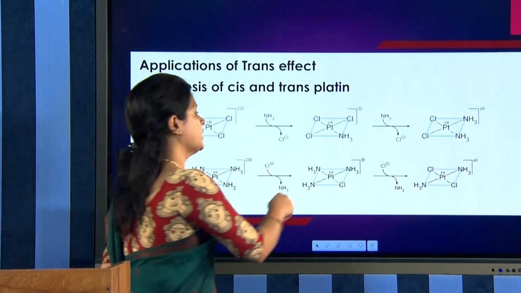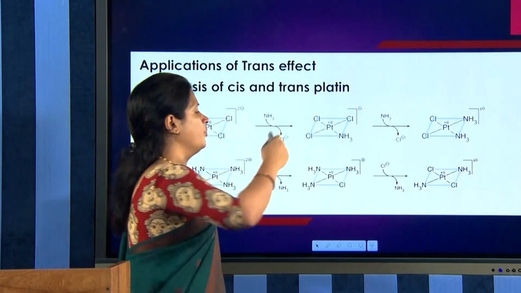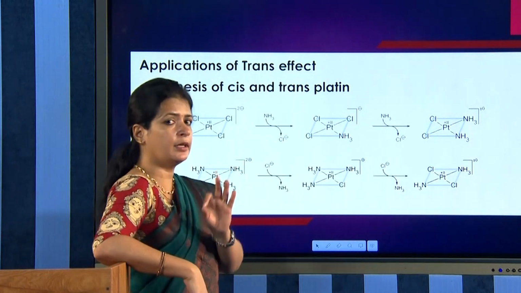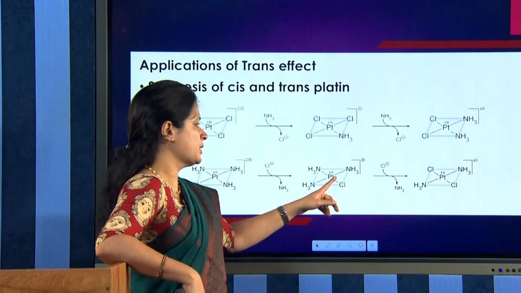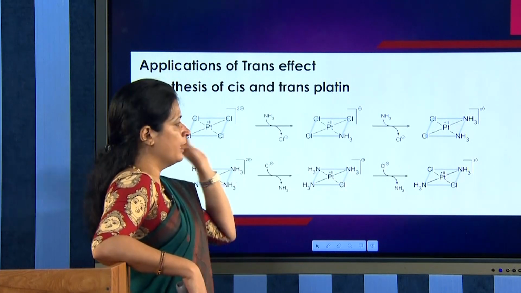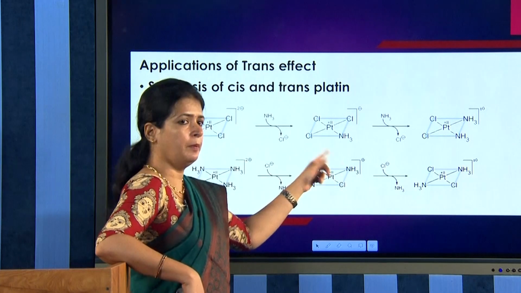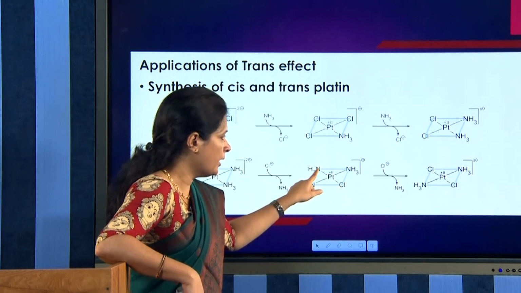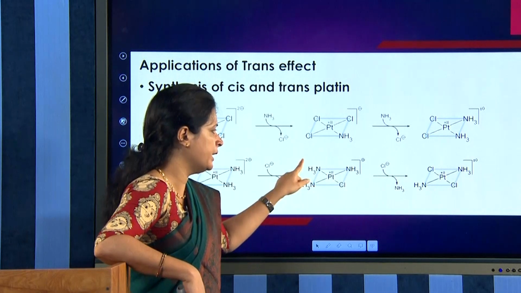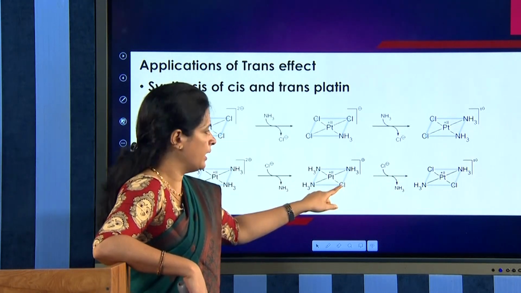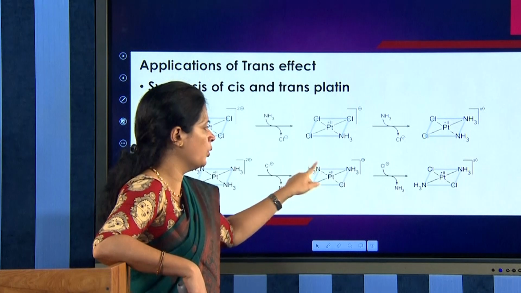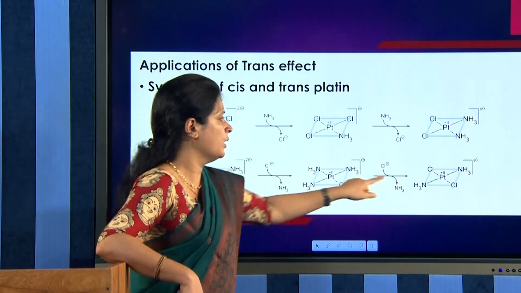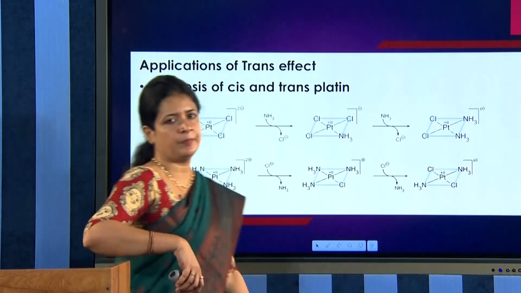Now I have to consider the trans directing ability of Cl and ammonia, which one has the greater trans directing ability. It is Cl minus, having greater trans directing ability when compared to ammonia. Then what happens? This Cl will weaken the ligand which is trans to the Cl, which means this ammonia will be replaced, and I get this Cl being attached here. Now I get the trans product.